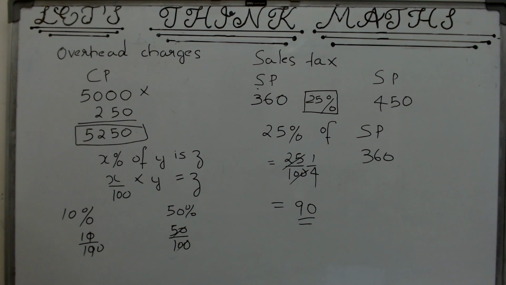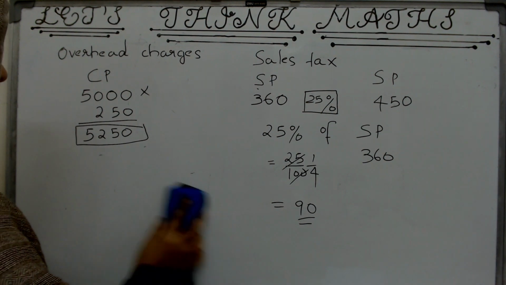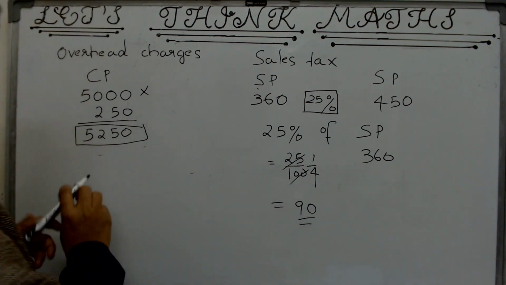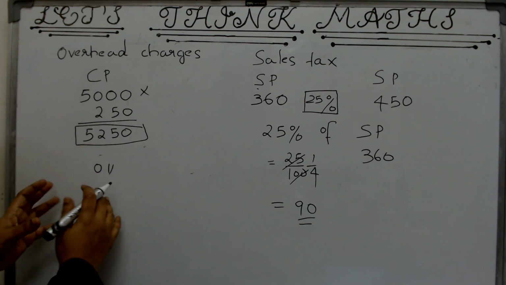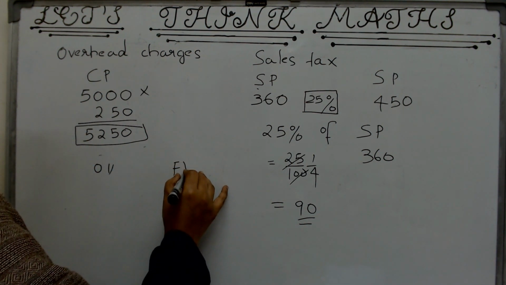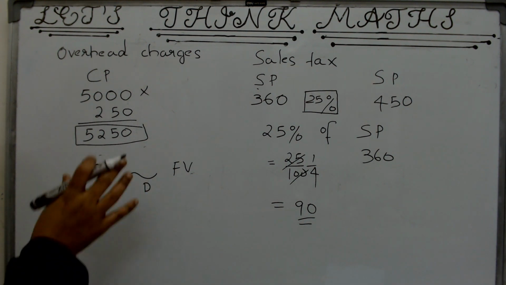Now this brings us to the end of this topic. What was it about? It was about buying and selling. So all the quantities that deal with buying and selling, and all the formulas in it, have the same logic. What is it? You will start with an original value or an initial value, then you will have a final value, and whatever is the difference, that is what matters.